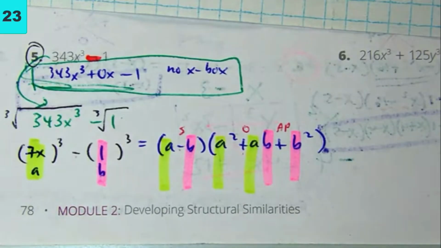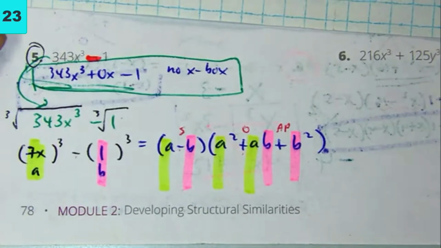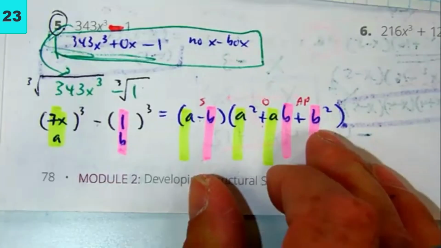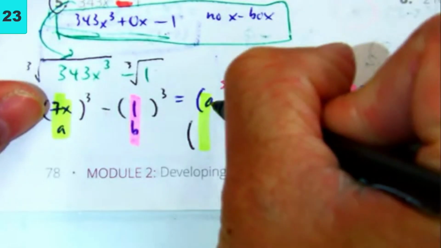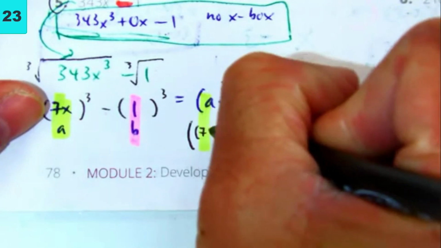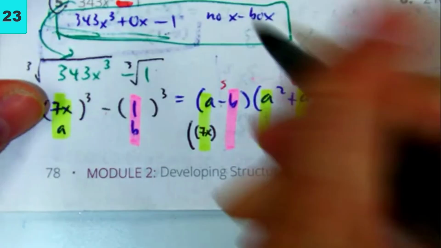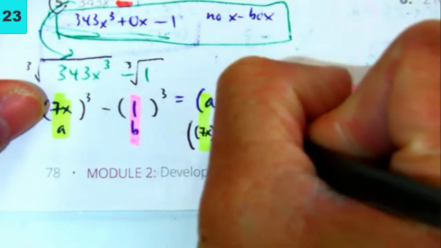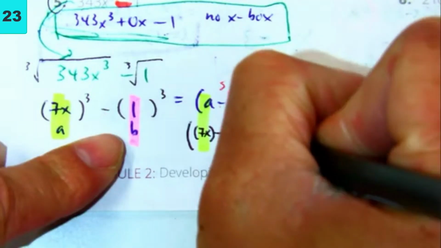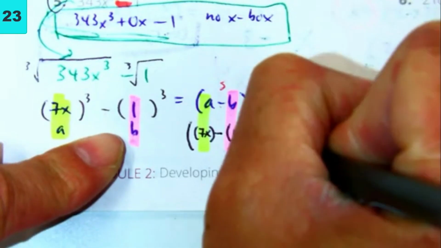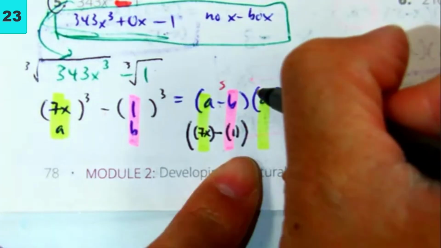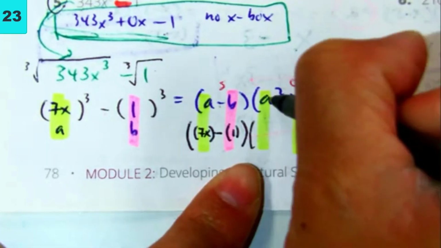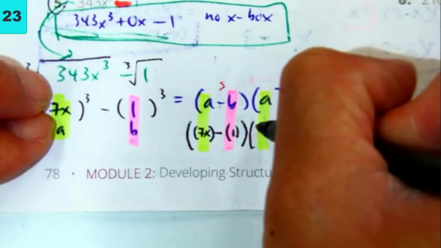Now, be careful that you're doing these substitutions in parentheses. Everyone say parentheses? Extra parentheses. Watch. A is 7x, the minus sign. The B value is 1. Then I'm just going to copy down this parentheses. My substitution for A is going to be 7x.